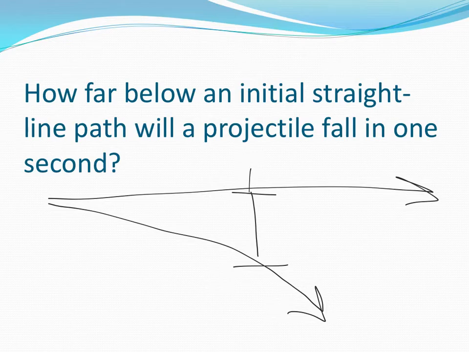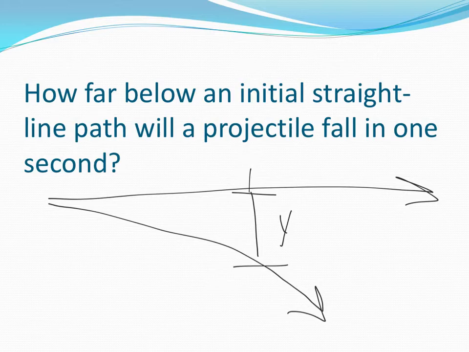because what we're looking for here is y, and we know that the initial vertical velocity of anything thrown horizontally is 0. So we know the initial value. We know time is 1 second. And we know acceleration is negative 9.81 meters per second squared.